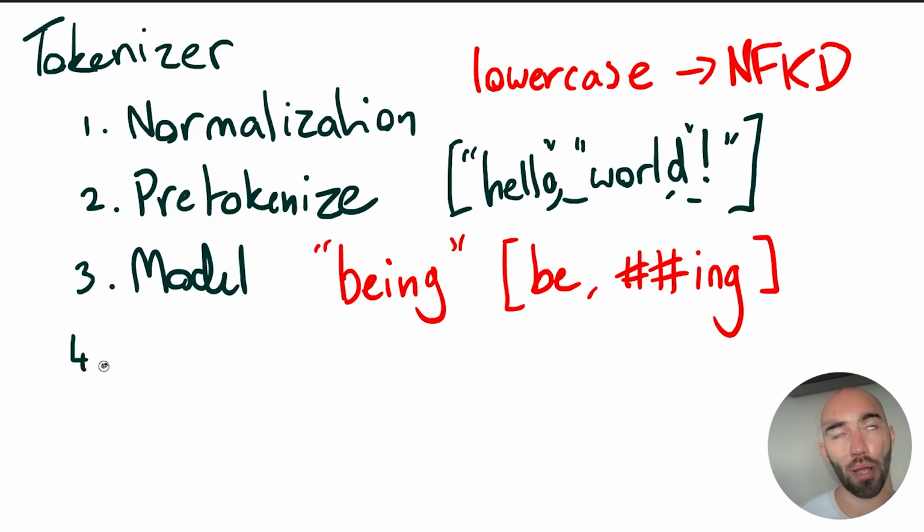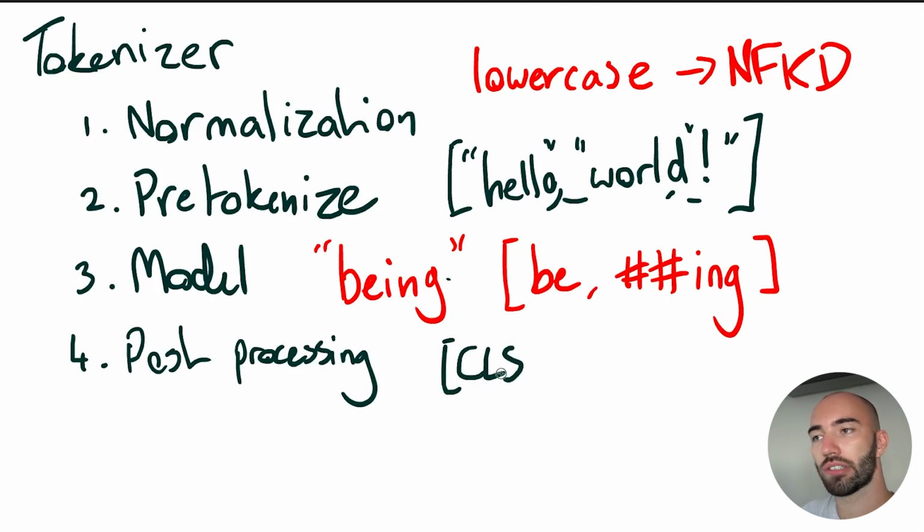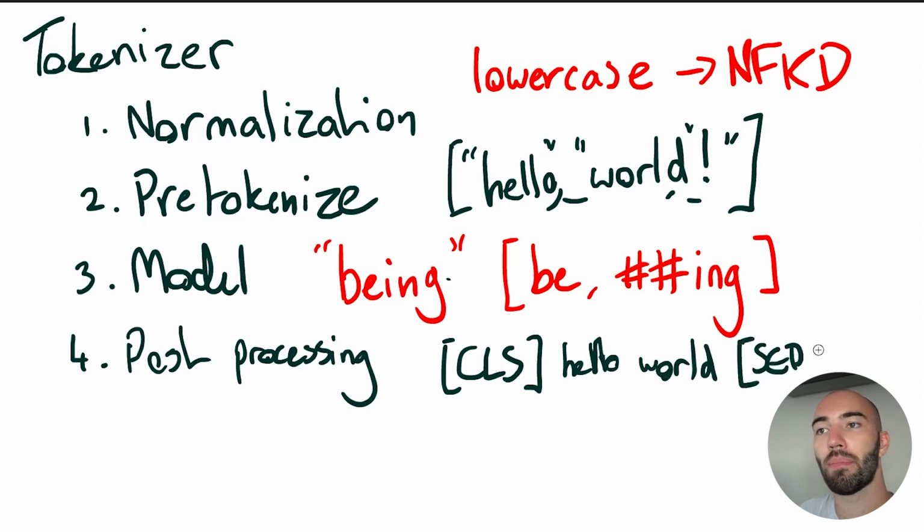The next step is post-processing, and this is where we would add any special tokens to our text. BERT specifically would use what's called a classification token, followed by, let's say, hello world, followed by a separator token. Then you probably have padding tokens and all of these different things. So we're adding in any special tokens there.